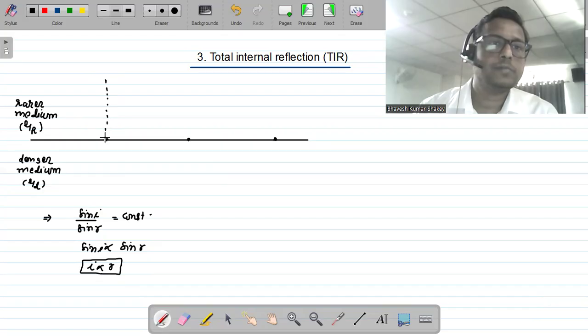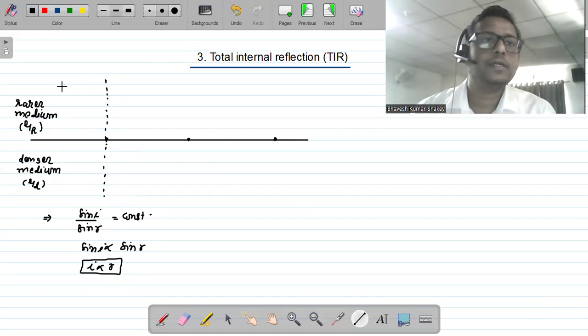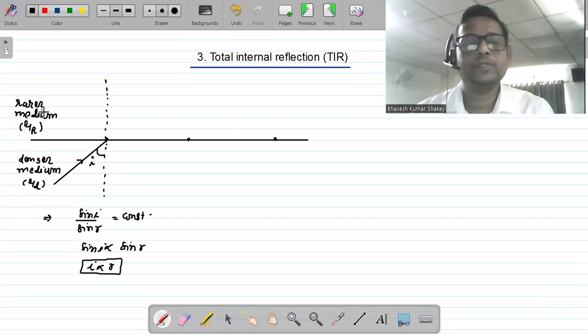So this is my first case, or the first ray diagram. This is a normal, and let's say there is a light ray coming in this way. This is the incident ray, and this is the angle of incidence. Here, this is the denser medium and this one is a rarer medium.